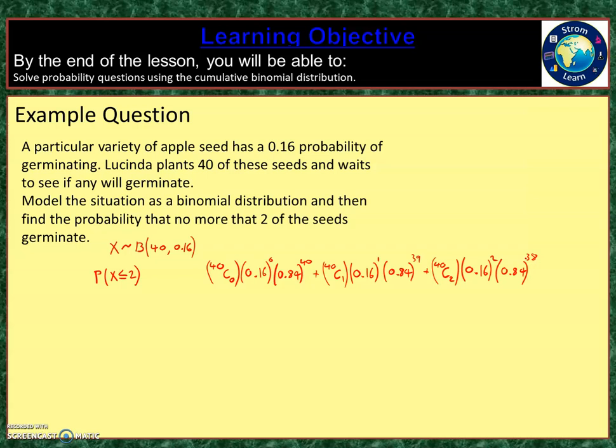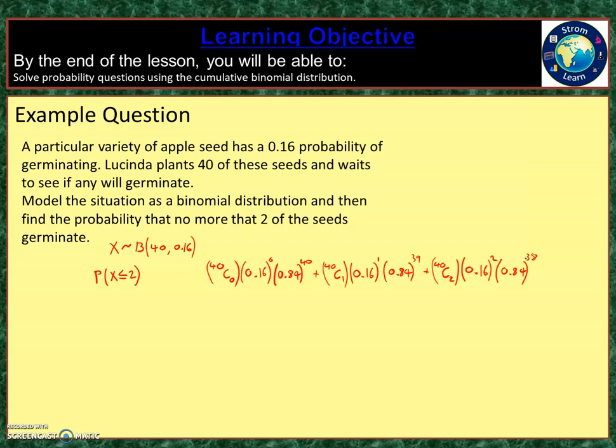Now you may have a calculator with a distributions function. If it does, then you want to go down to where it says binomial CD. So the CD is for the cumulative distribution, and this is cumulative because we are working up from the beginning.